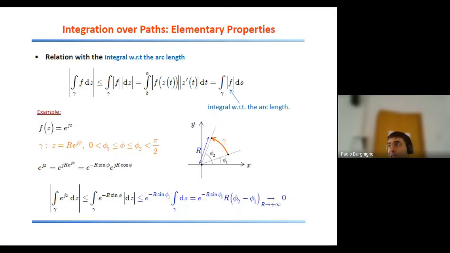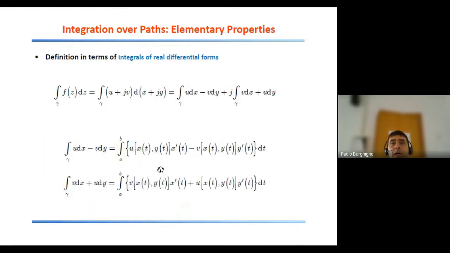So you can neglect them in your calculation. But anyway, you have to show that this is true in any case you have in front of you for the specific problem at hand. And this example gives you a flavor of the kind of calculations that are needed to establish this. Okay, let's go on.